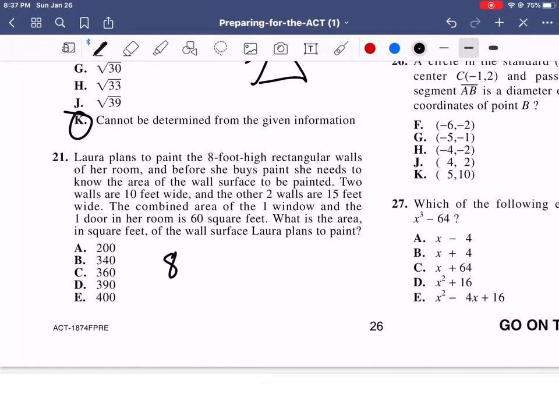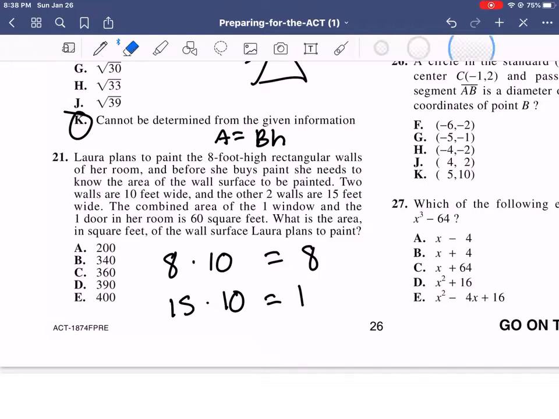The formula for area in rectangles is length times width, base times height. 8 times 10, 15 times 10 equals 80, and this one's 80, and this one is... 120, no wait, sorry, 8 times 8, and this is 120.